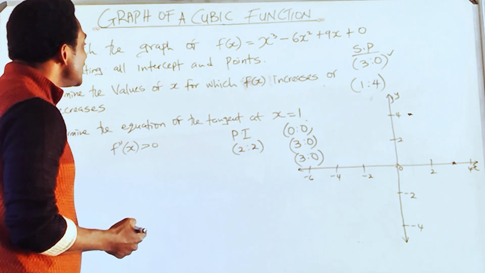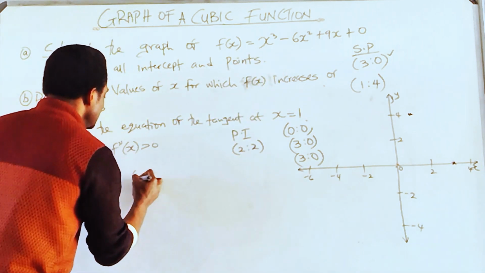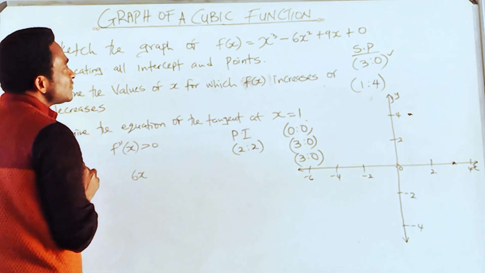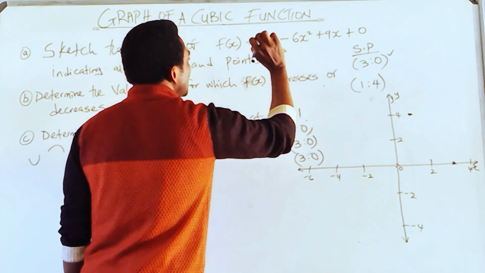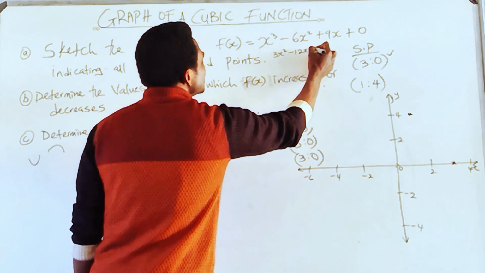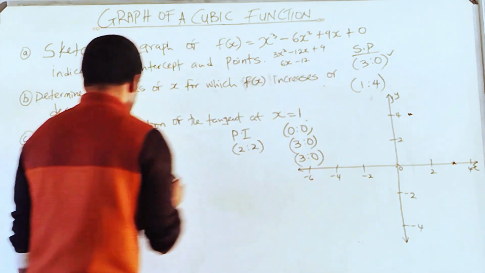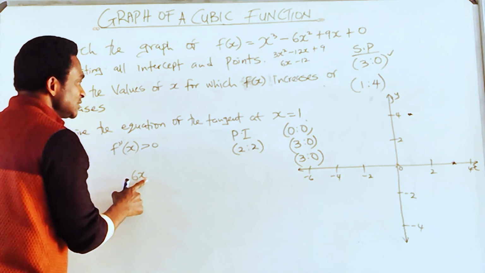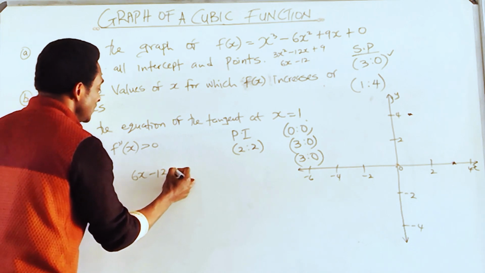Our first derivative is 3x squared minus 12x plus 9, and the second derivative is 6x minus 12.